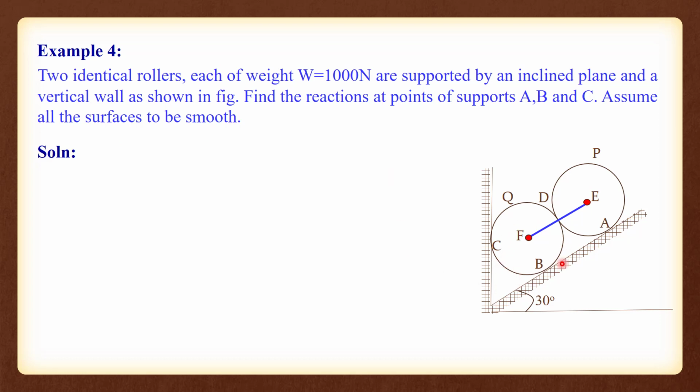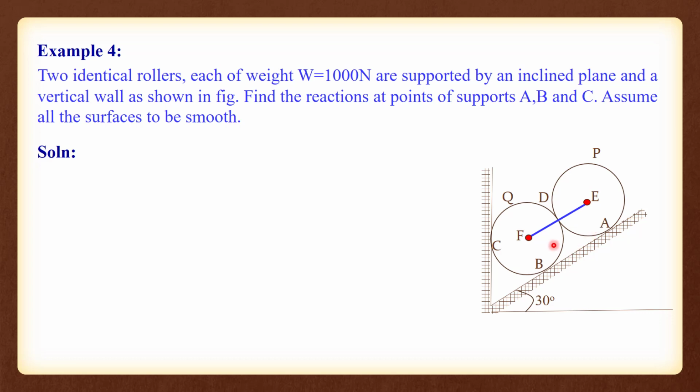So in this question, two rollers are supported by an inclined plane and a vertical wall. Now these two rollers are identical. Therefore, the line connecting the centers of these two rollers will be always parallel to this inclined plane. This point is very important for solving this problem.